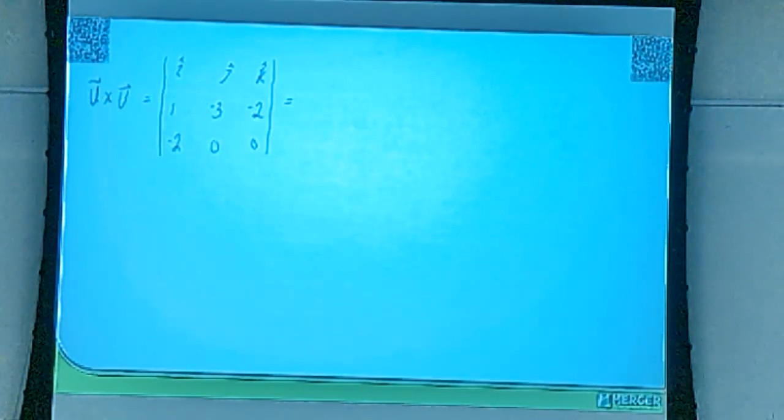The method that we're going to use specifically is cofactor expansion, and again, specifically across the first row. So what that tells us to do is we're going to take the 1,1 entry, the i. Now eliminate column 1, row 1, and you're left with a 2x2 determinant.